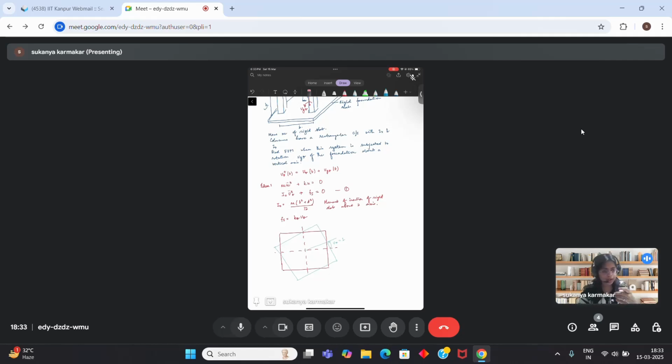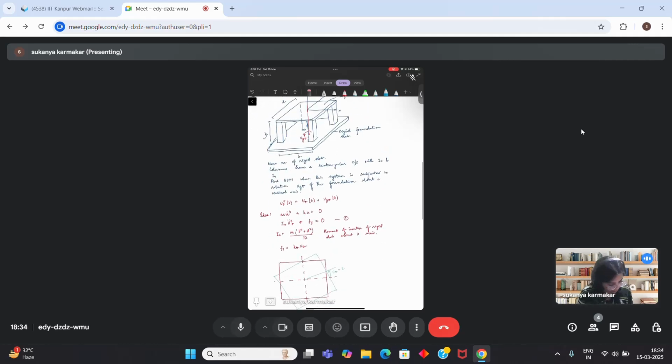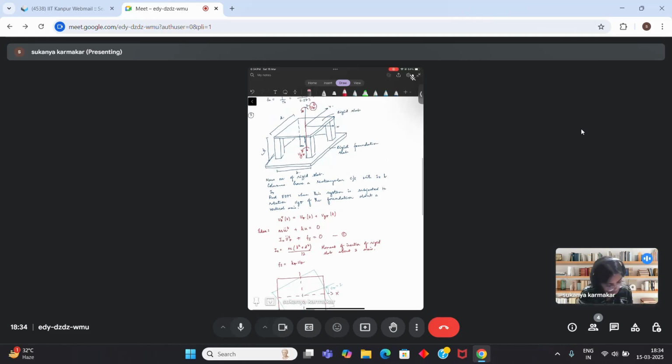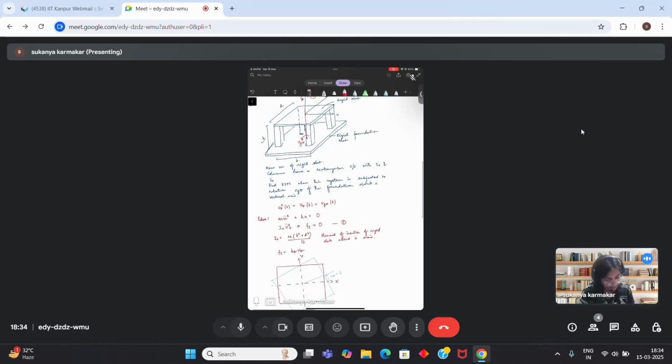So when I am rotating my slab like this, suppose u theta is equal to 1, I rotate the slab, the columns will provide certain resistance. So let's consider this column. And this is, if I look at this convention, this is my x direction, this is my y direction.